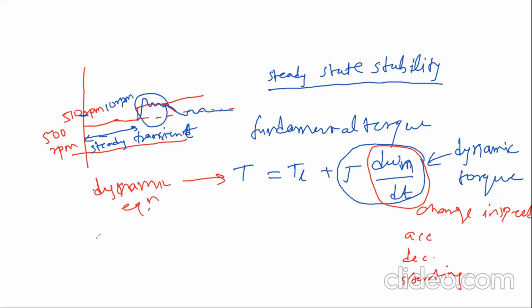But under steady state, there is no change in speed, which means the second term will be equal to 0. Therefore, this equation becomes T equal to TL. So if there is a steady state, then T equals TL.